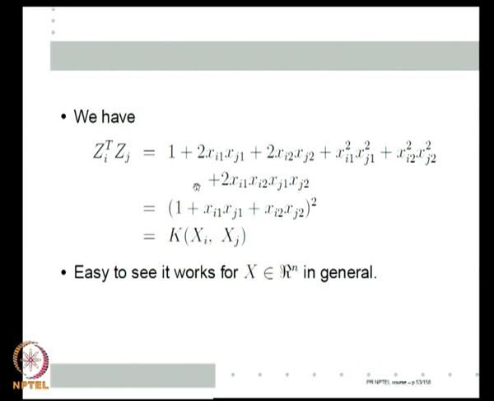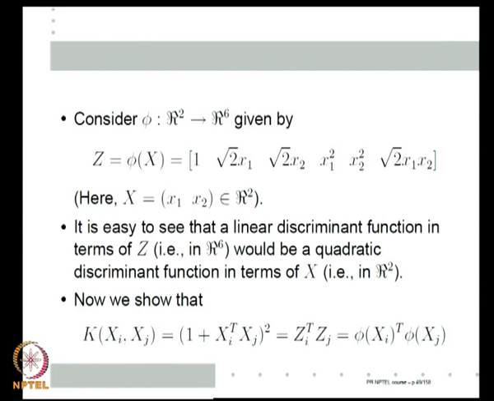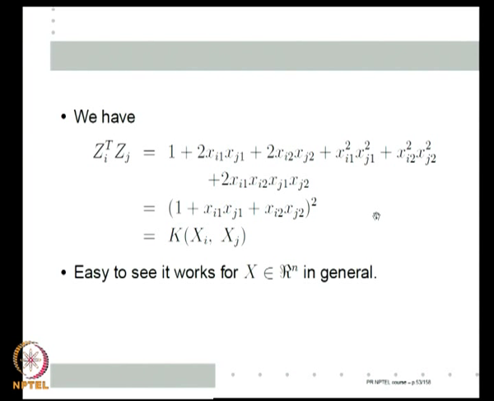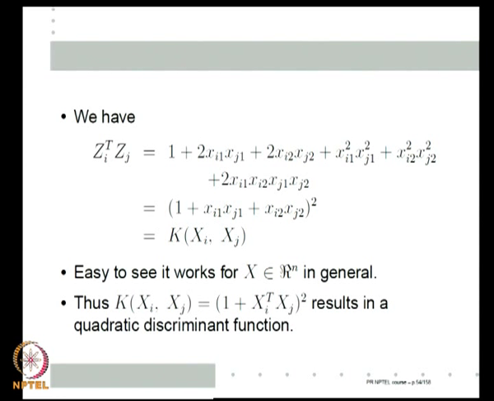The only reason we took 2 dimensions, as you can see now, is because it becomes cumbersome to write this expression if I have x1, x2, up to xn, x1 square, x2 square, up to xn square, and all pairs. Then accordingly we get all of that and accordingly get this square. So, this works in general for Rn, which means using this results in learning a quadratic discriminant function.